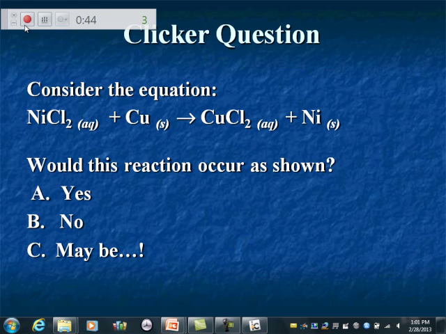Do you all have clickers today? Everyone has clickers, right? Okay. So nickel chloride is your solution or the compound, and iron is the free metal. Oh, I'm sorry, copper. We talked so much about iron that I'm sorry.